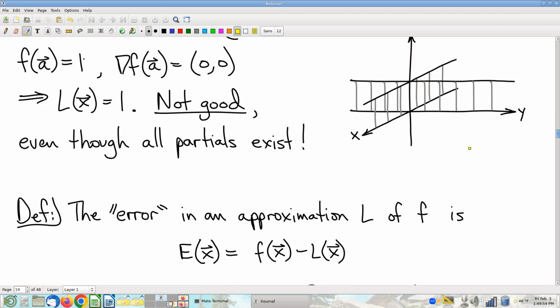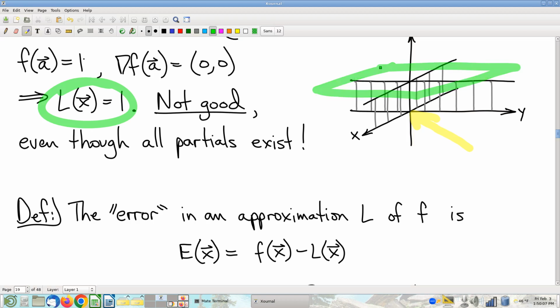Okay, so if I approach the origin from the first quadrant like that, well, the value of the function is 0, but the value of the linear approximation up there is 1. Right? So, as I get closer and closer to the origin, the actual values of the function are 0.